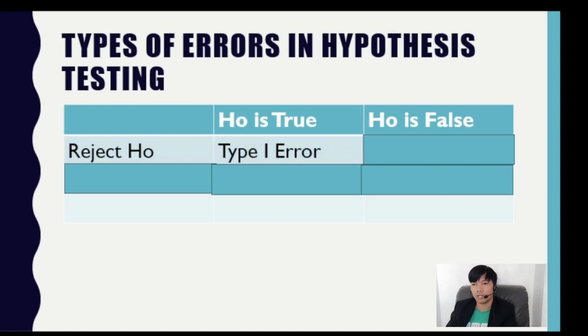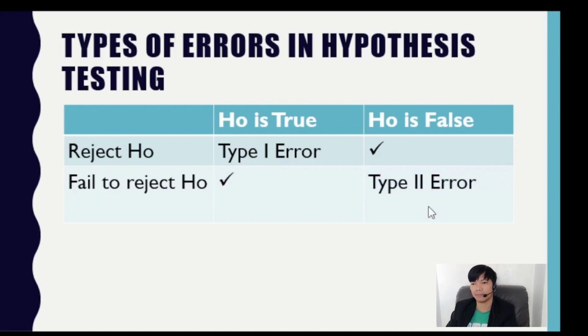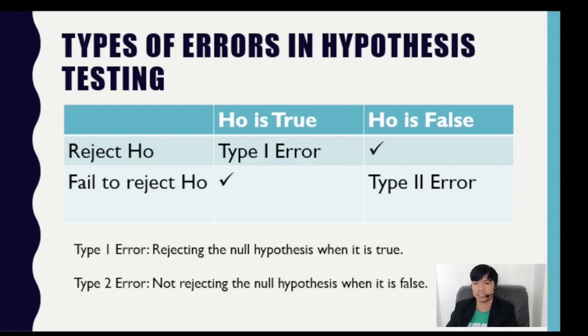When you fail to reject the null hypothesis while it's true, it's okay. But if you fail to reject it when it's false, you're committing a type 2 error. So again, type 1 error is rejecting the null hypothesis when it's true. Type 2 error is not rejecting the null hypothesis when it's false.